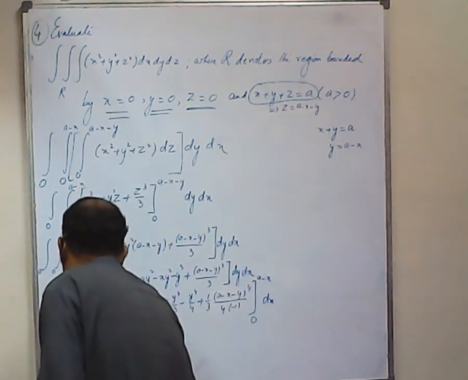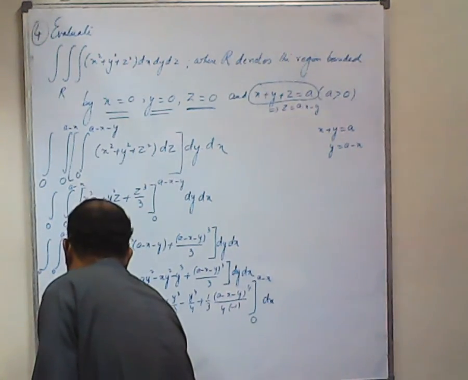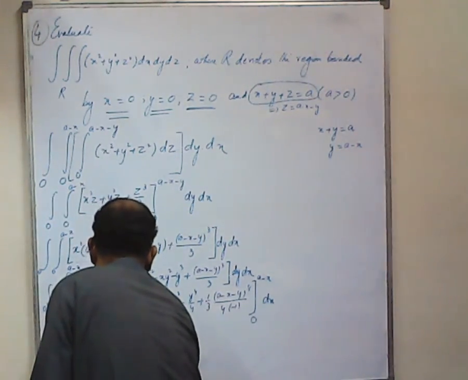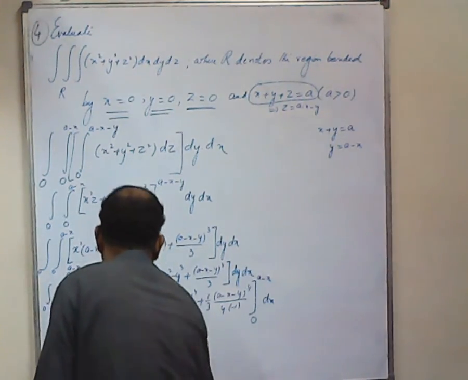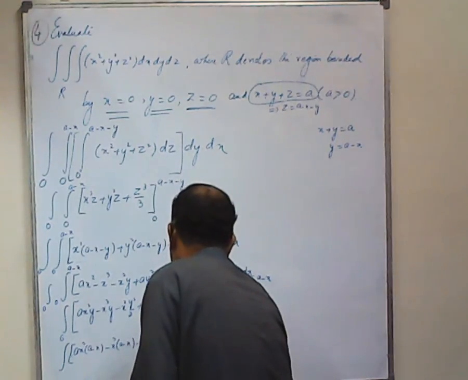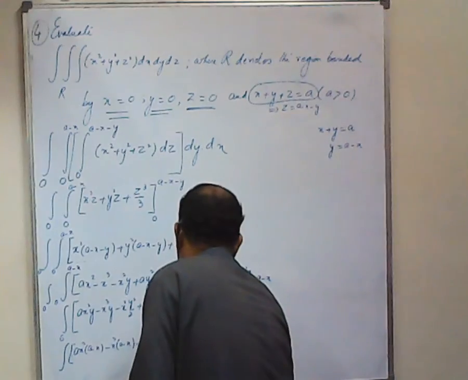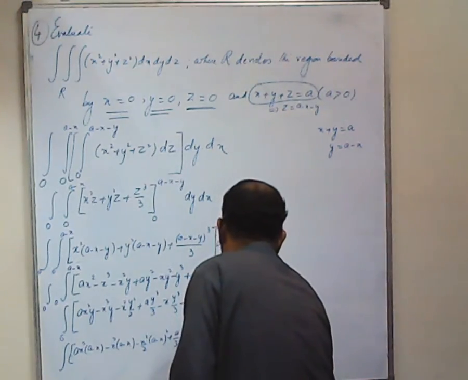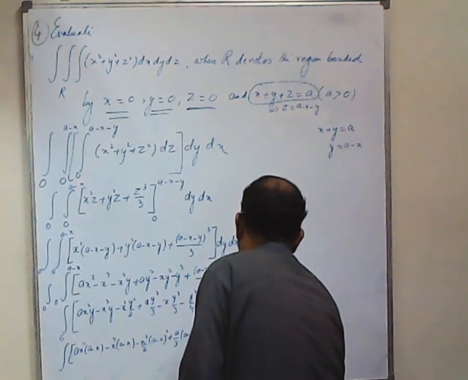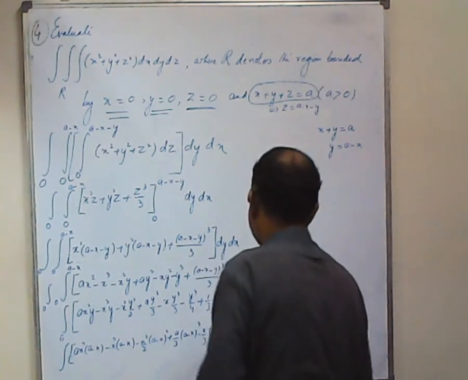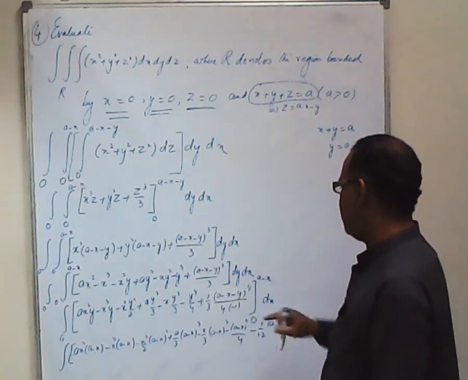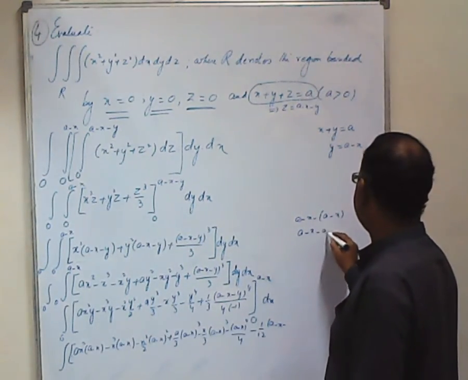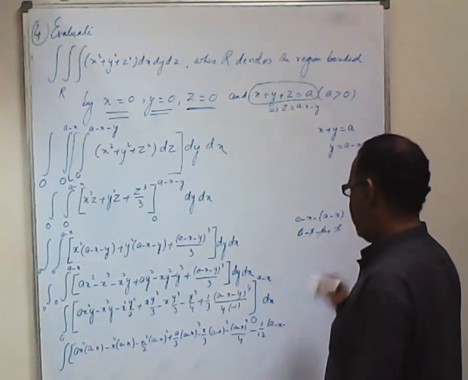So now we will substitute the upper limit as well. So the upper limit is ax square, and the upper limit is a minus x cube, a minus x square by 2 into a minus x square, plus a by 3 a minus x cube, minus x by 3 a minus x cube, minus a minus x whole power 4 by 4 and minus 1 upon 12 a minus x minus, if I substitute in place of y, a minus x minus a minus x, so a minus x minus a plus x, so it will all be 0.